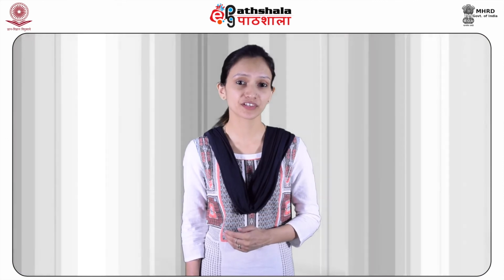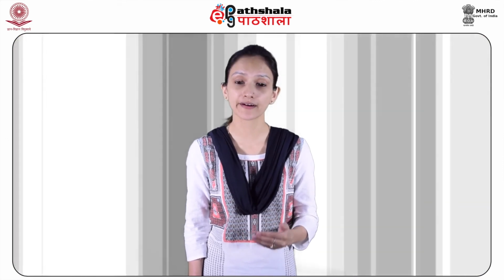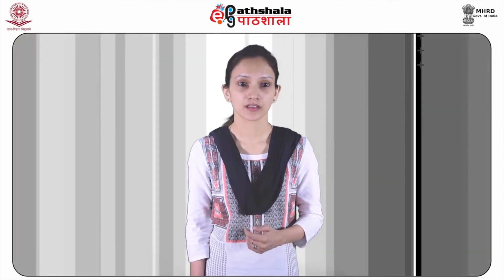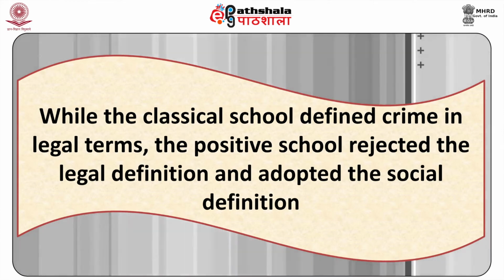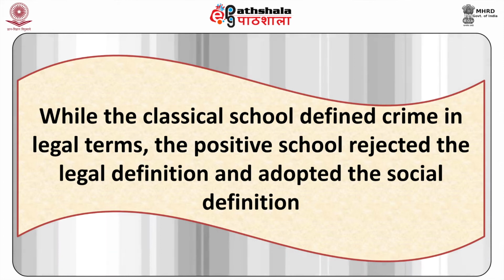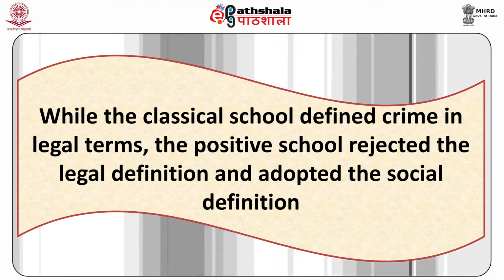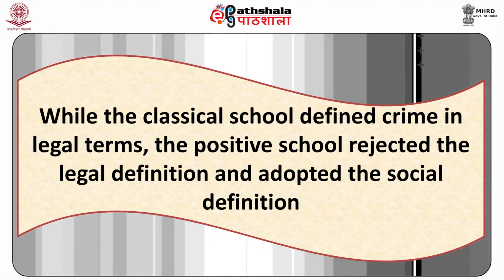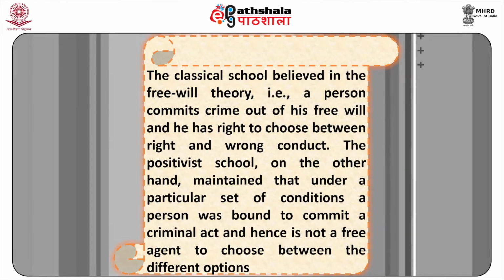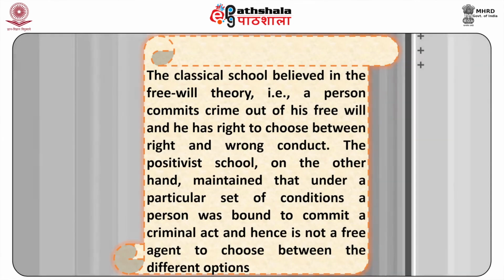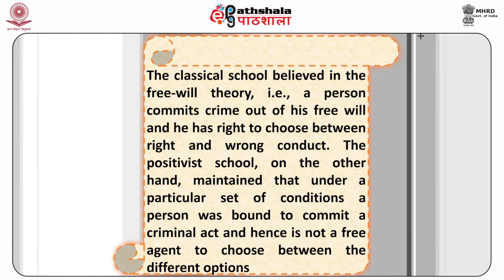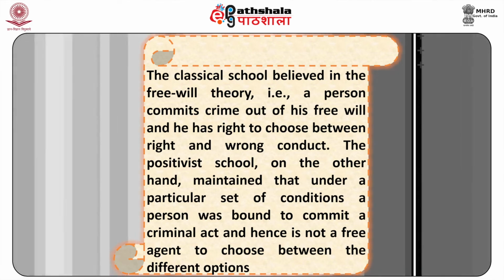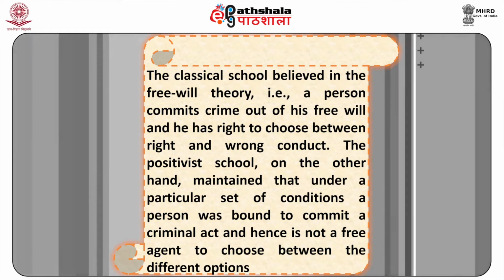The main points of difference between the two schools are as follows. While the classical school defined crime in legal terms, the positivist school rejected the legal definition and adopted the social definition. The classical school believed in the free will theory, that is, a person commits crime out of his free will and he has the right to choose between right and wrong conduct.